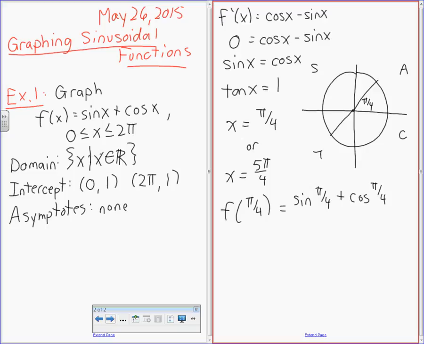What is sine of pi by 4 equal to, please? Root 2 over 2. That's what, yeah, what is root 2 over 2?